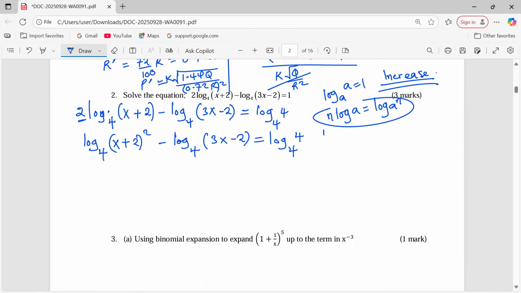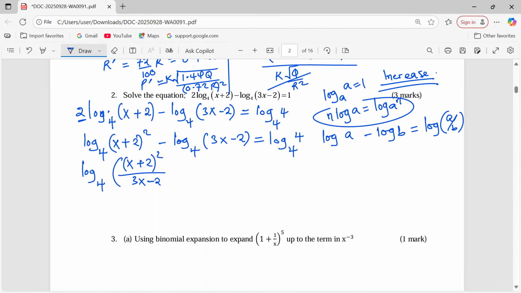Remember also that when we have the logarithm of a minus the log of b and the bases are the same, then you can simply take the log of a out of b. With that, we should have x plus 2 squared out of 3x minus 2. This is equal to the log of 4 to base 4.